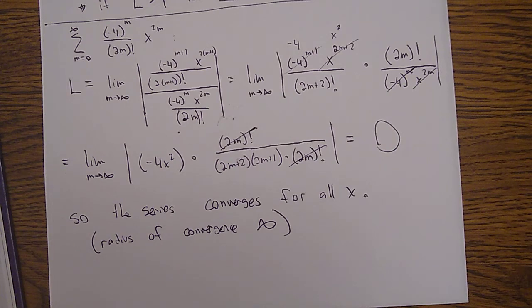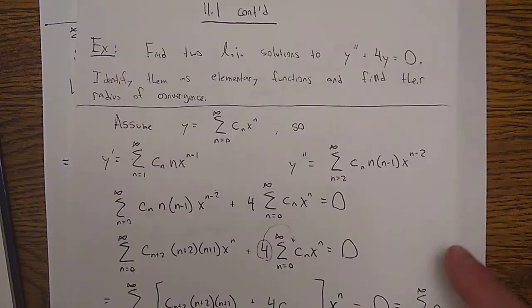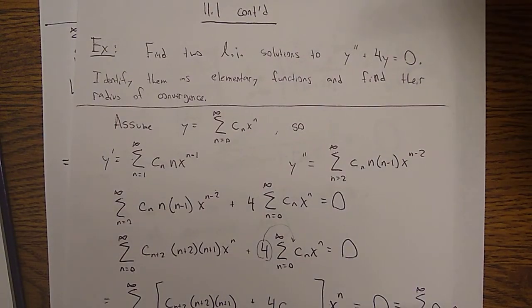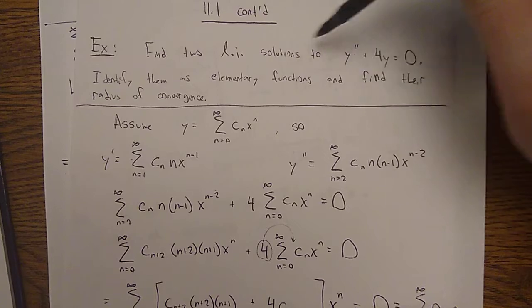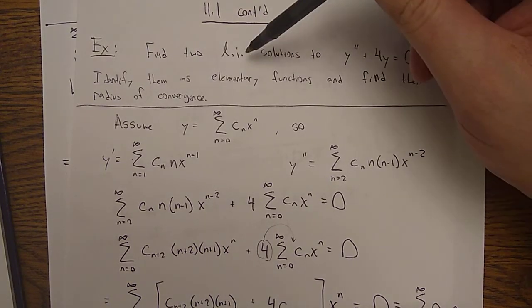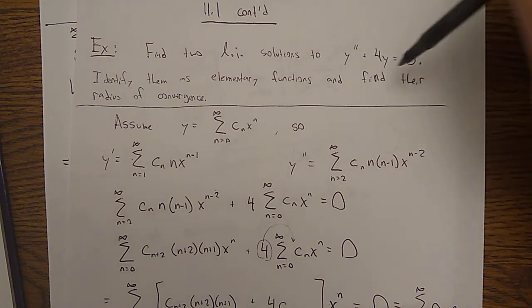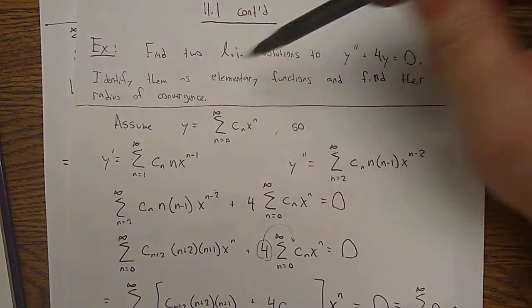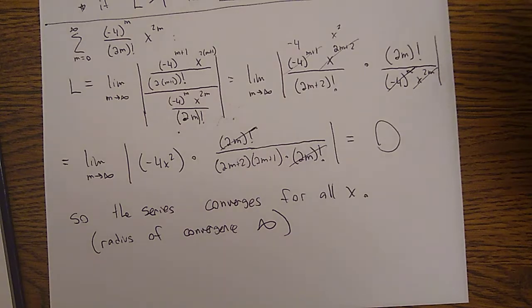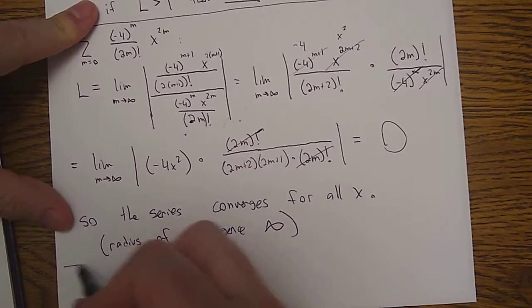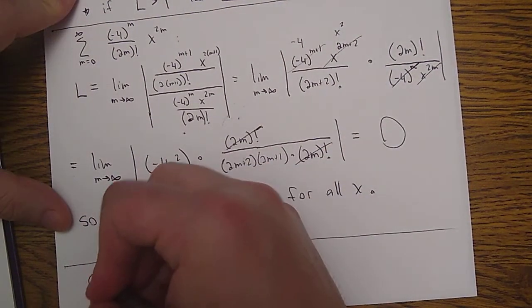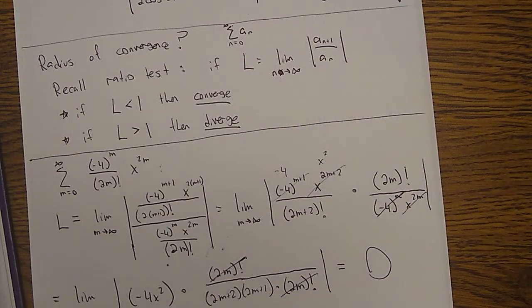And yeah, this video is certainly on the long side, but I think I'm basically done. We found the solutions. We verified that they're linearly independent. We identified them as elementary functions. I found the radius of convergence of one of them. Let me just tell you, you can check. The other one also has a radius of convergence of infinity.